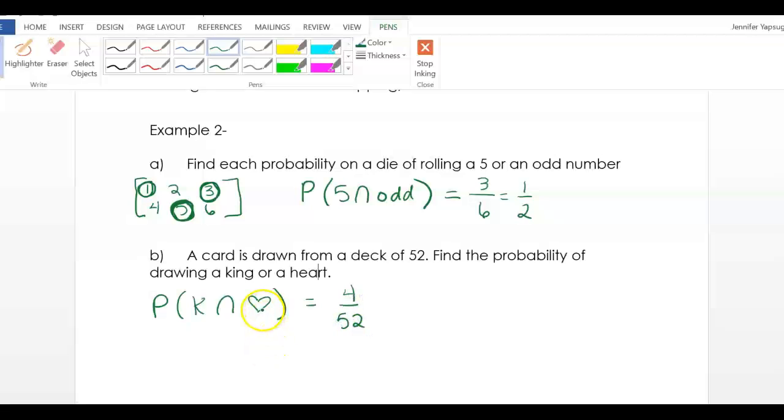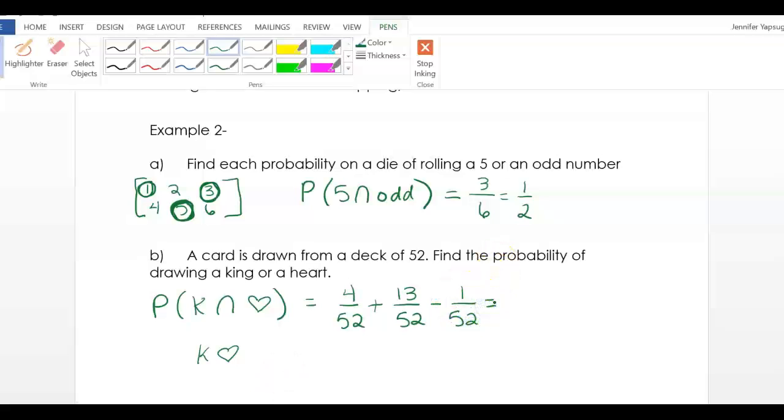And then with my hearts, I know that there are about a quarter of the deck, right? Or 13 out of the 52 are going to be hearts. But also remember that one of those kings is the king of hearts. So I have to get rid of that king of hearts. So I'm going to add these two, but then I have to subtract the 1 king of hearts that I have. So I'm going to take the 1 out of 52 here.